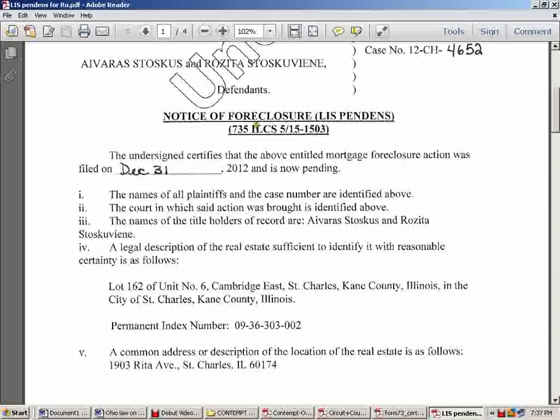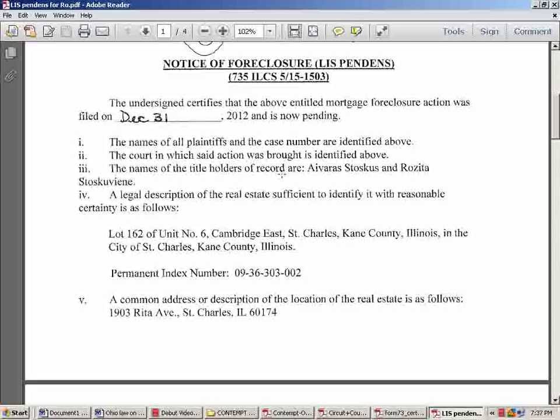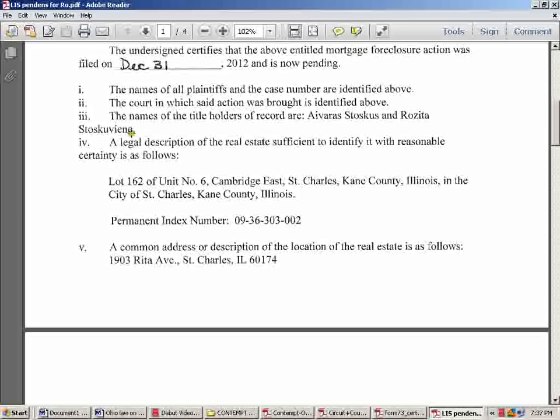So notice of foreclosure, right? This says it's a notice of foreclosure, a lis pendens. The thing about notices is the notice has to be attached to the instrument that it's a notice for. So where's the suit? It's not in here. The undersigned certifies the above entitled mortgage foreclosure action was filed December 31st. Yada yada. So somebody's certifying to this. Let's see who that is.